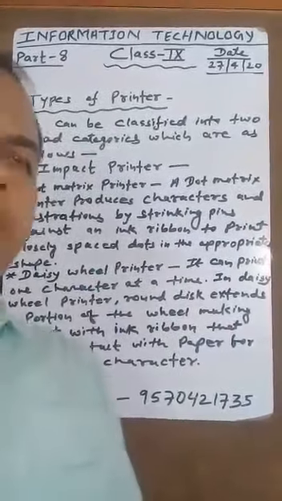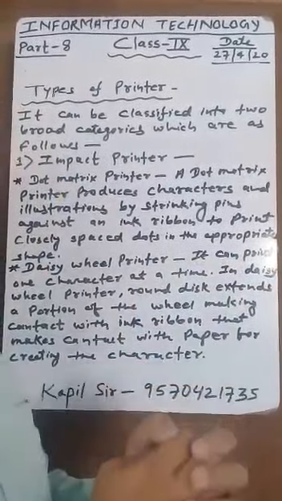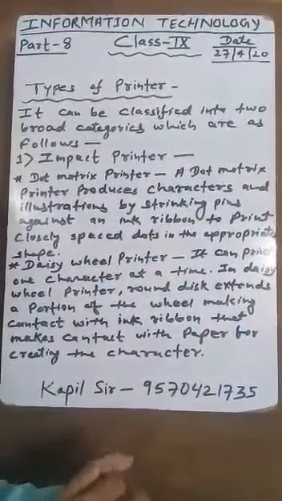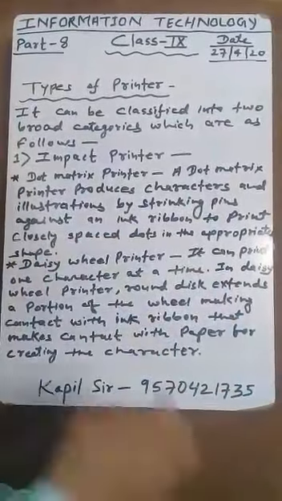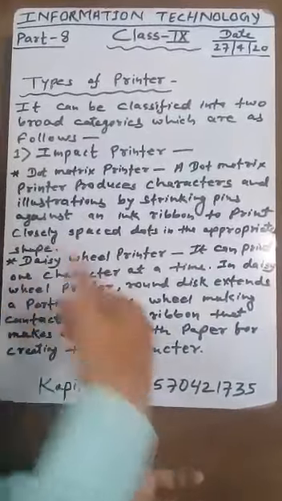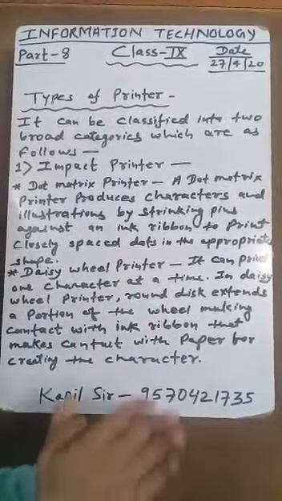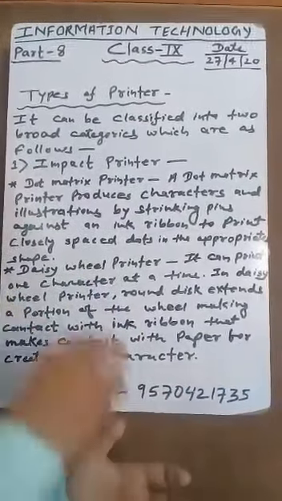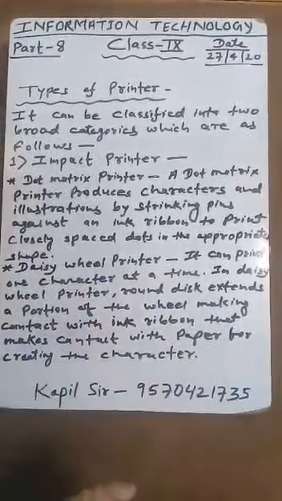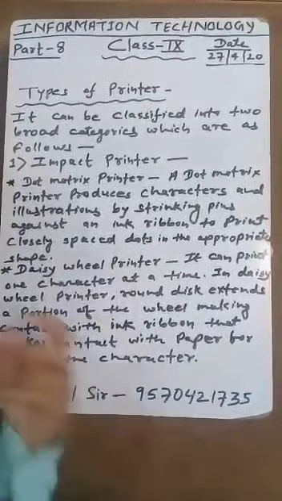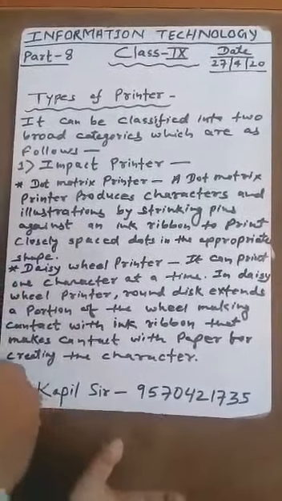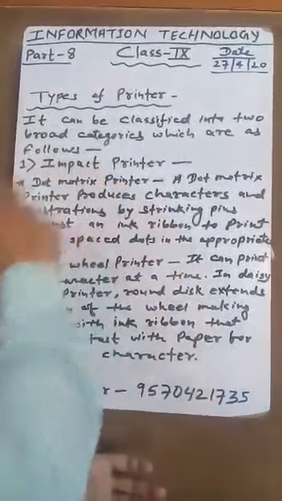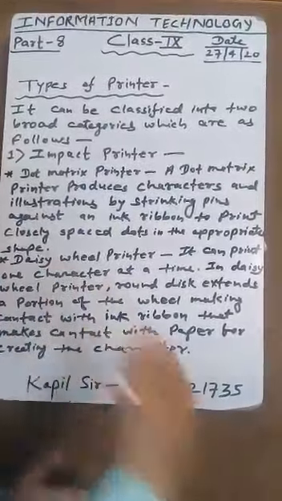The printer prints characters by striking the ink ribbon with the print head, forming dots in the appropriate shape. In this type of printer there is physical contact between the print head and the paper.